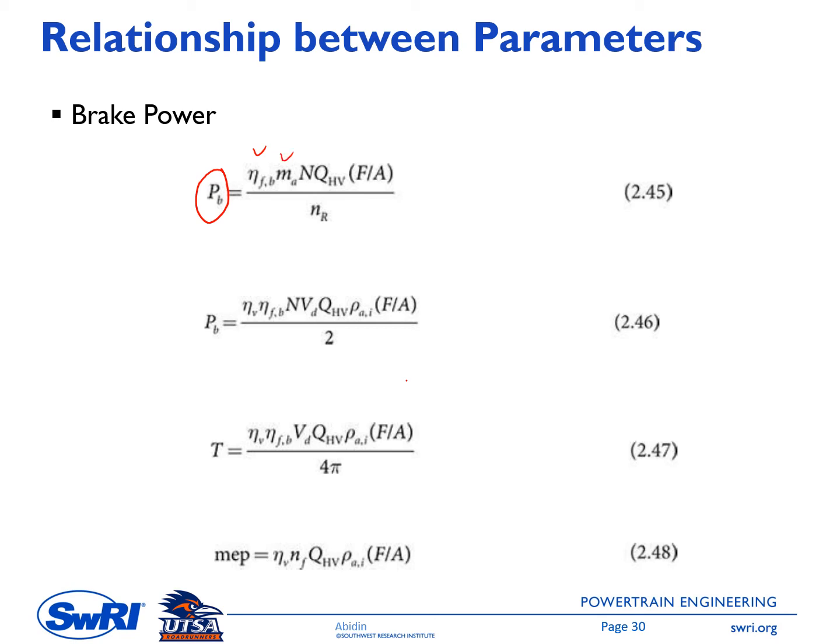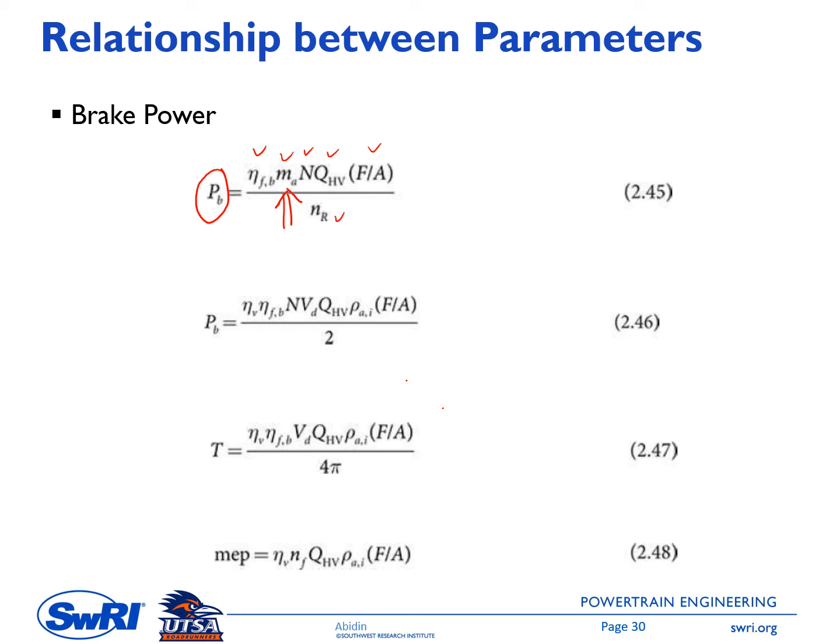It's a function of the m_a, the mass of air, and this one is engine speed, this is lower heating value of the fuel, this is fuel-air ratio, and this is the number of crank rotations per cycle. You can see here that the brake power is a direct function of the airflow or air mass. So once again, if you want to increase our engine power, we need to increase the amount of air. One of the ways to do that is by having a turbocharger.